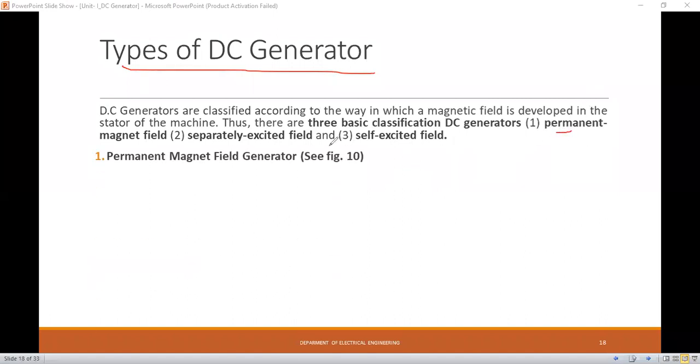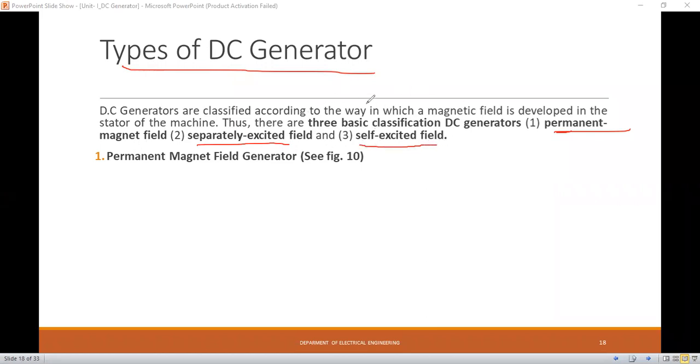So that is the permanent magnet field generator. The second one is the separately excited field. That means excitation is provided separately, so we can call it a separately excited field. Then the self-excited field.